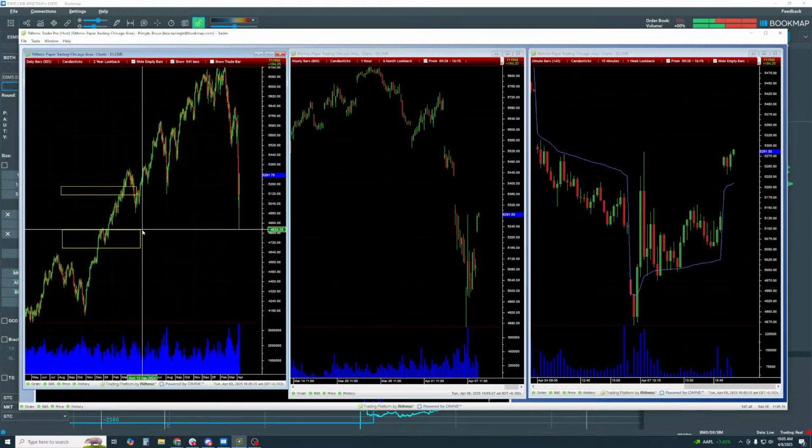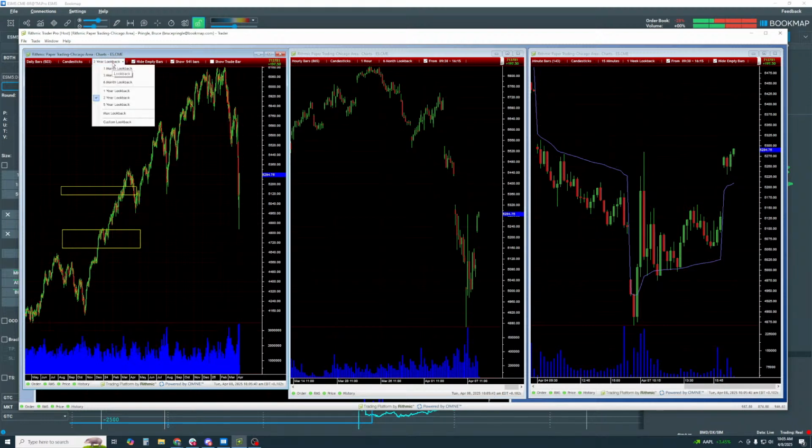You can see how it just touched the top of it here. That was the zone we drew up yesterday. So anyway, we touched it, and you can see the move back up now, and pretty strong.